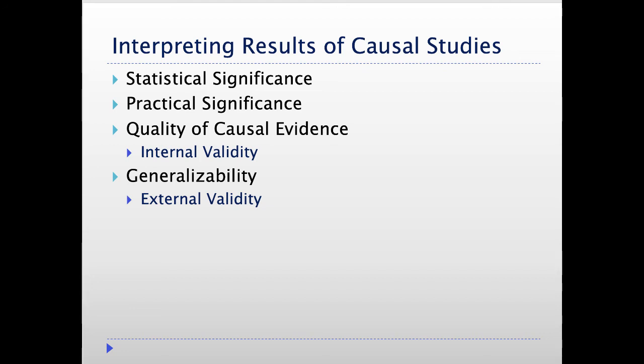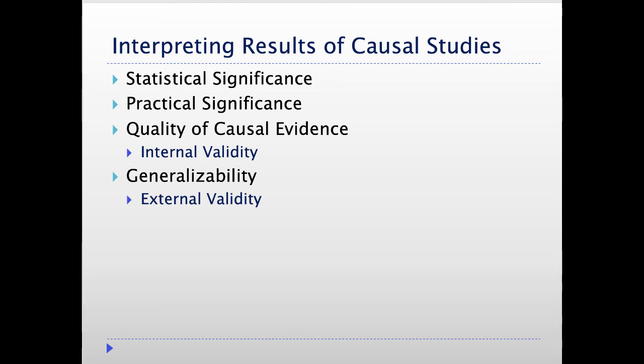And finally, generalizability, external validity. Again, we talked before, in the second video, about how to assess the generalizability of a study. First, you look at how representative your study subjects are of the population you're studying.